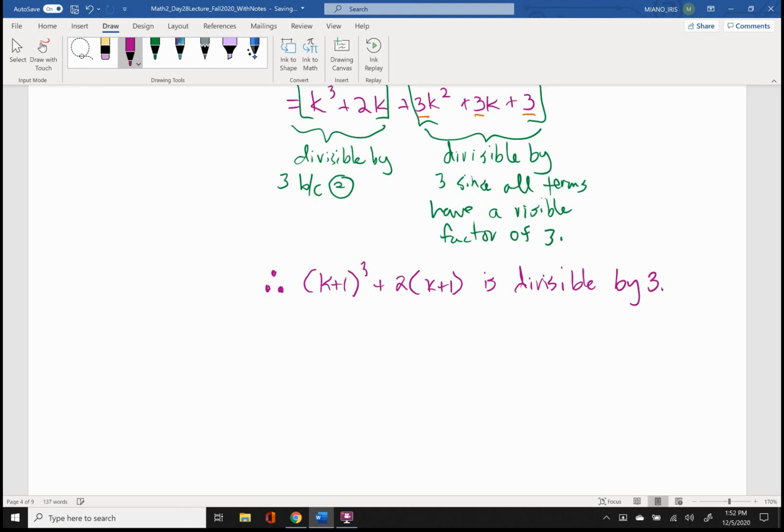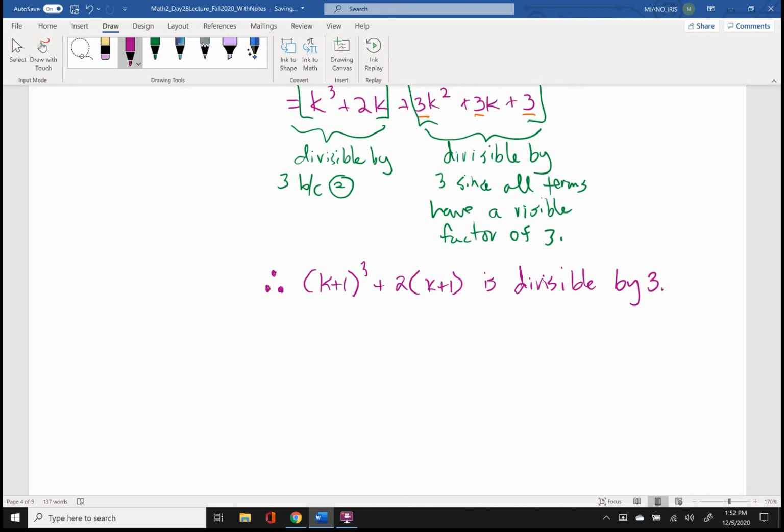If all of the terms taken in specific groupings are divisible by 3, then the entire expression is divisible by 3. Okay, great, cool.